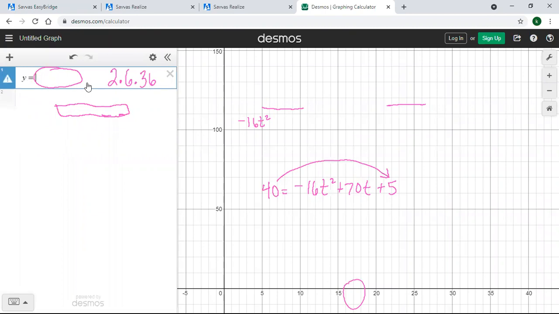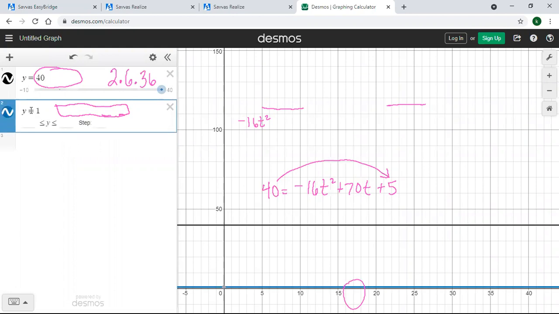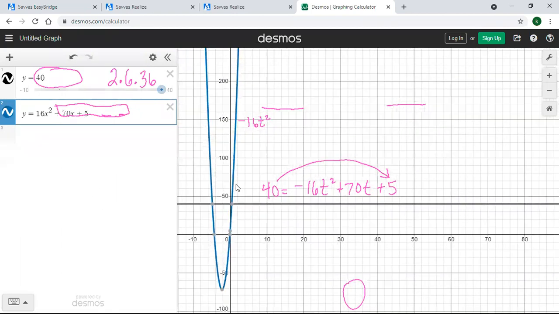So we have y equals 40 on one side, and our other equation, y equals negative 16x squared plus 70x plus 5. And we look for the point where those intersect.